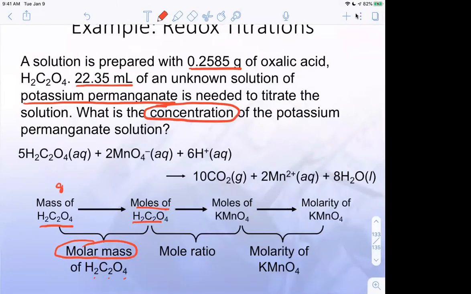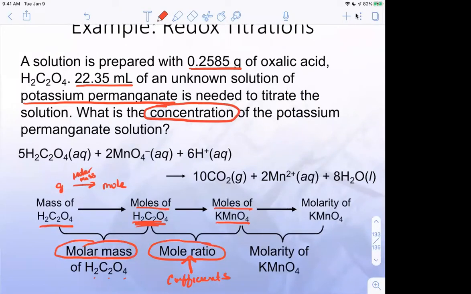So this is just going to be the gram to mole conversion using the molar mass. Now, this conversion from moles of oxalic acid is using the coefficients from my balanced chemical equation. So based on the moles of oxalic acid, I can figure out the moles of potassium permanganate that reacted.